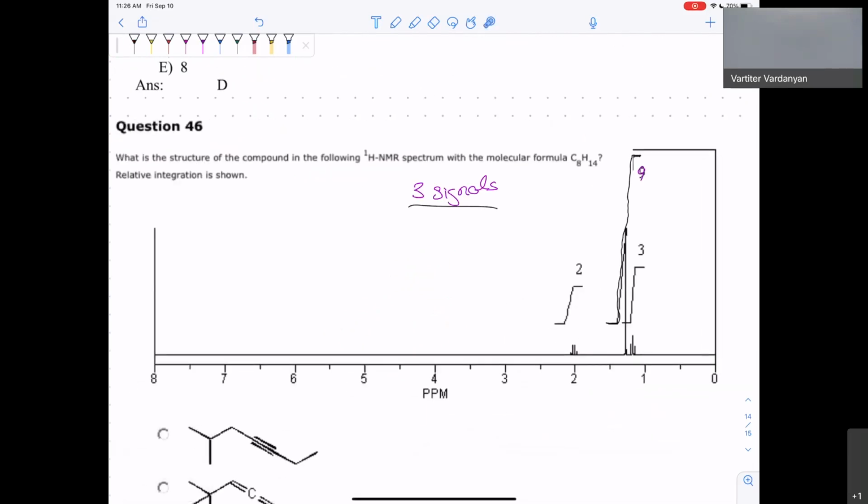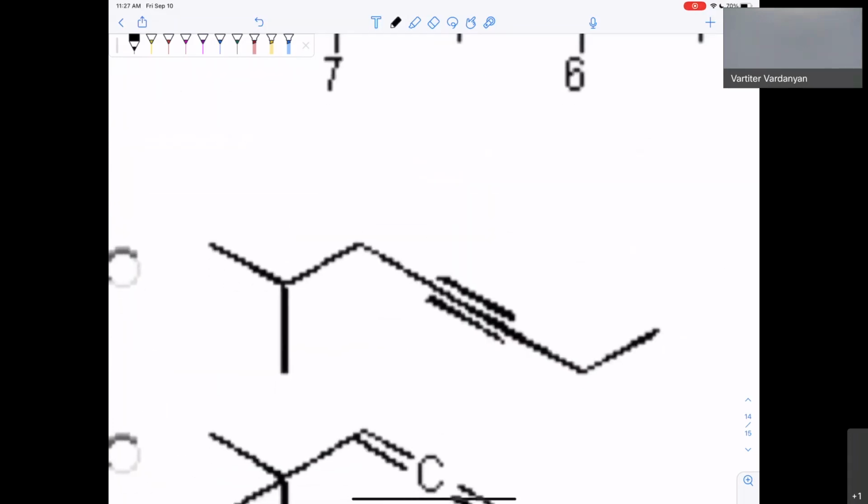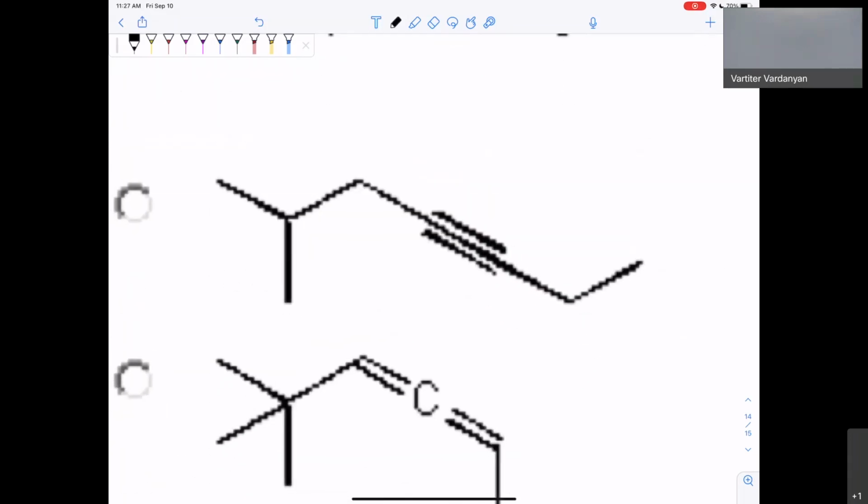Next thing I look at is the region, because here, there's nothing on this side of the spectrum. We only have up to 3. So what region are all of these hydrogens in? The alkyl region. Okay, so that's all the information I take at first, and I look at the molecules. What is the first thing we look at when we do NMR?